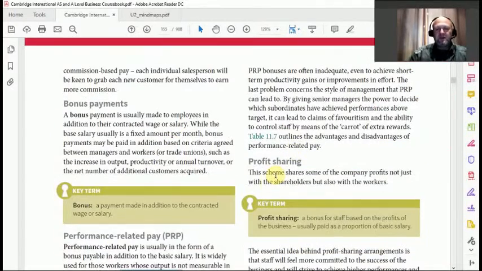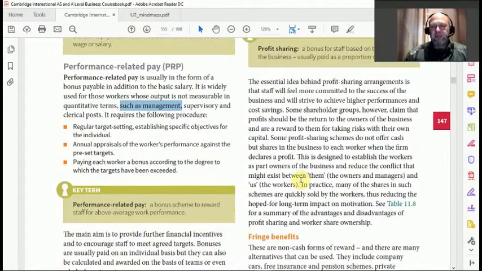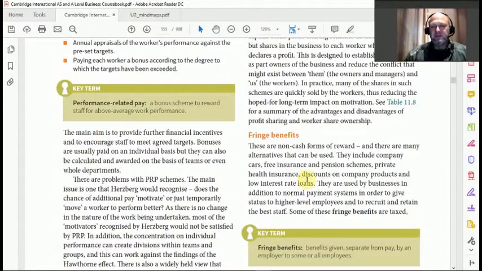Okay, profit sharing: some companies don't only give you a salary, but they also give you a shareholding in the business. So the bonus of staff is based on the profits of the business. So if the business does well, then you get a bonus, or you get paid according to the amount of shares that you get. Fringe benefits are a non-cash form of reward. There are many alternatives that can be used.